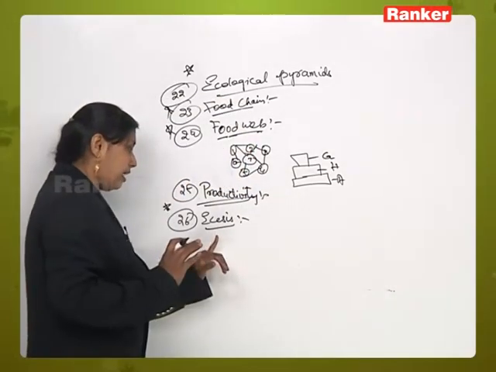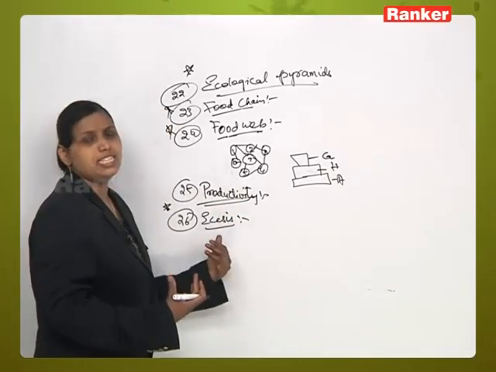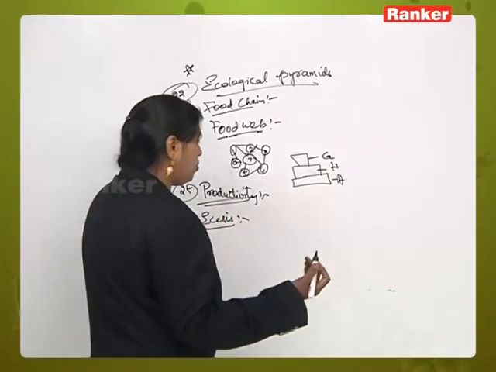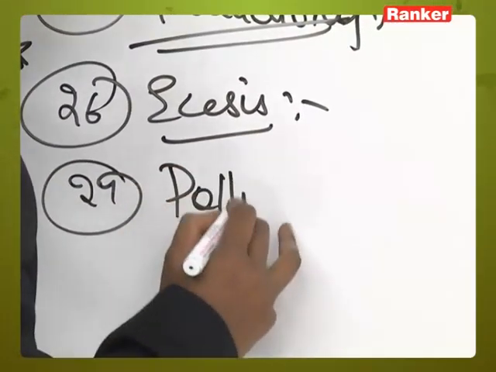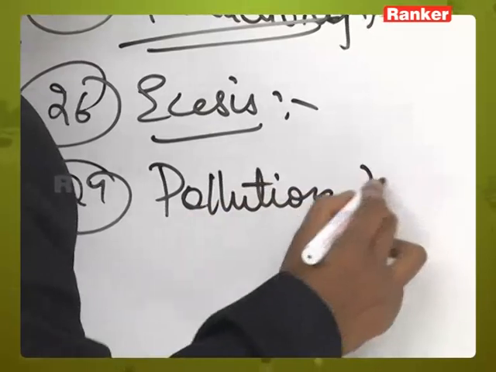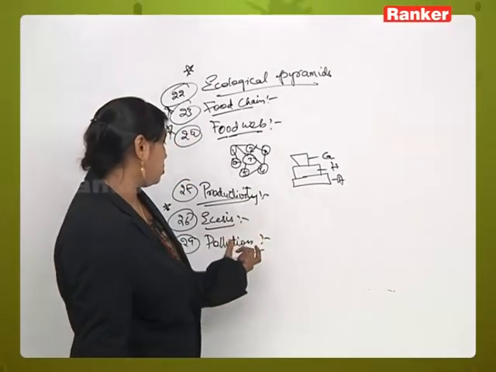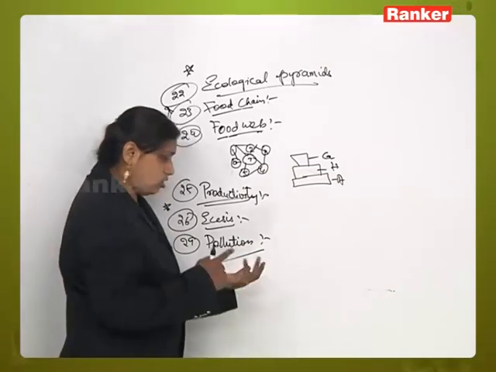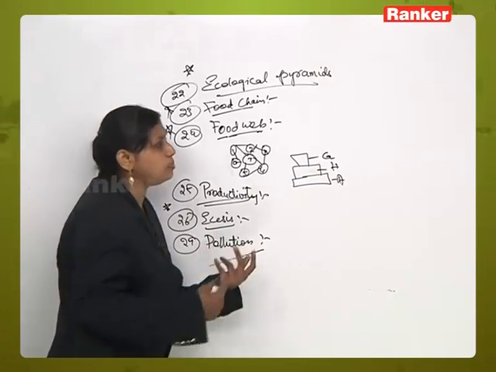So the adaptation of migrated organisms to the present environment is called ecesis. Next, pollution. Pollution is an undesirable change in the physical, chemical and biological characteristics of air, land and water.